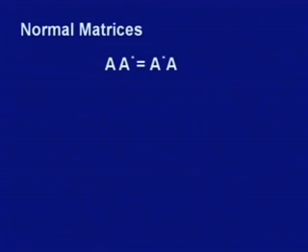Now, if A star becomes the inverse, if A A star becomes identity, it becomes a unitary matrix. If A becomes real, then it becomes an orthogonal matrix. So, basically normal matrices are the generalization of orthogonal matrices and unitary matrices.